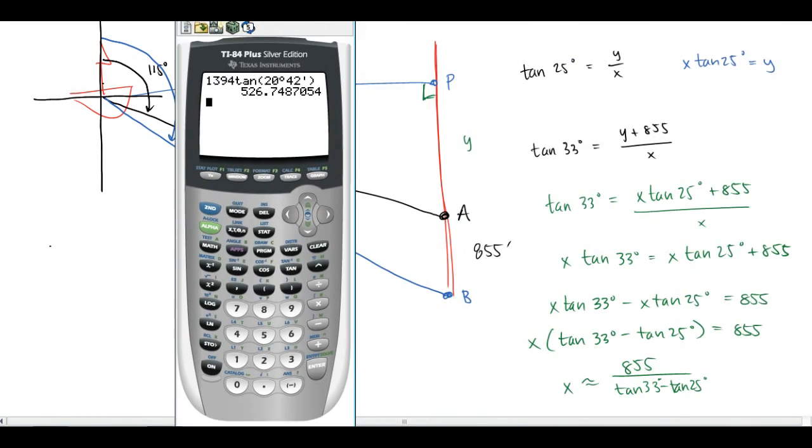I will grab Sheila, my calculator, and make sure she's in degree mode, which she is, and I'll have 855 divided by, now make sure you get that quantity in the denominator, put parentheses around it, tan 33 minus tan 25, and it looks like we are about 4,669.5 feet away from shore.